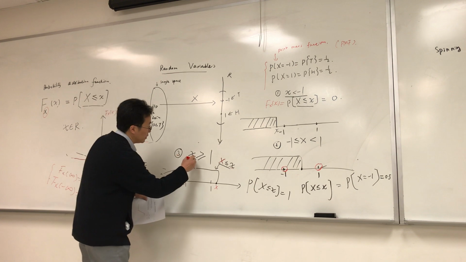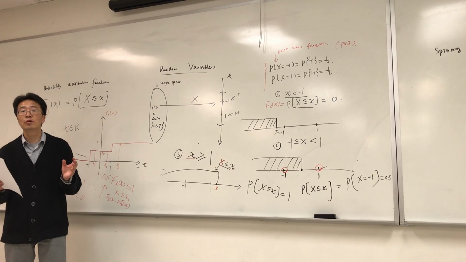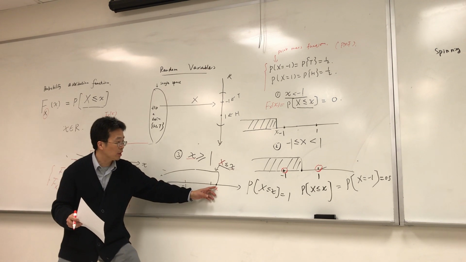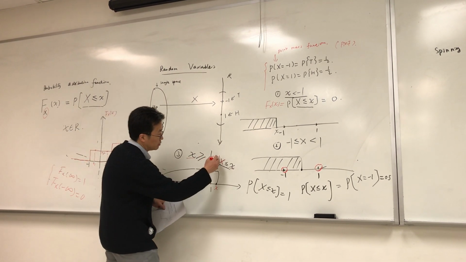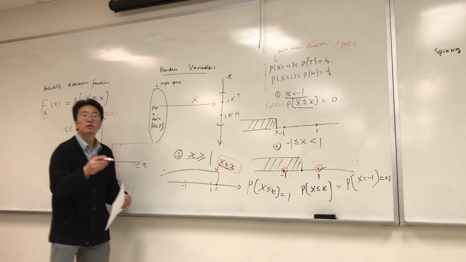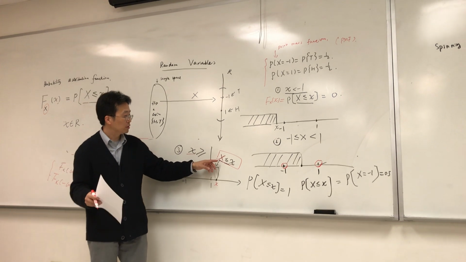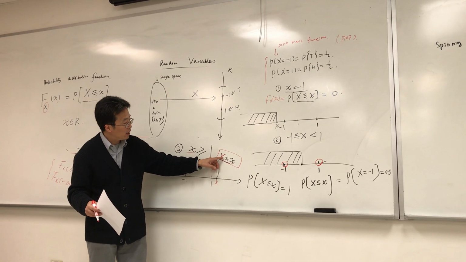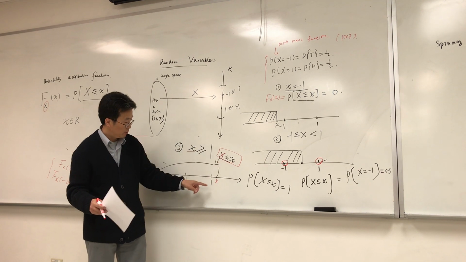That's right. Lowercase actually represents realization, right? So when the realization is on the right side here, this represents what? This event. In plain language, it represents when the random variable is less than or equal to this specific realization.